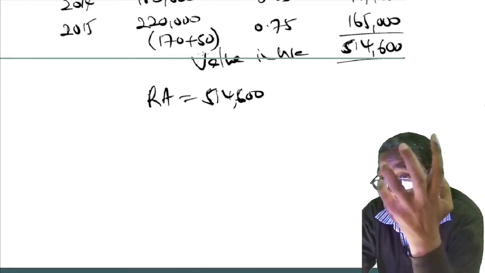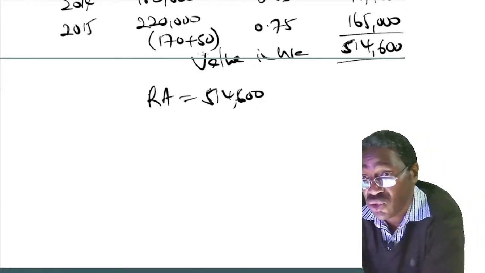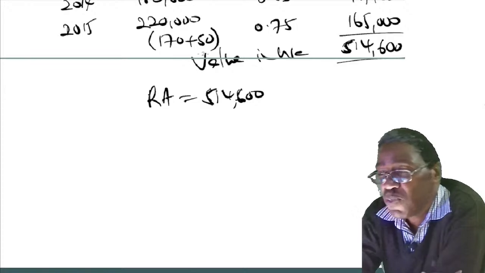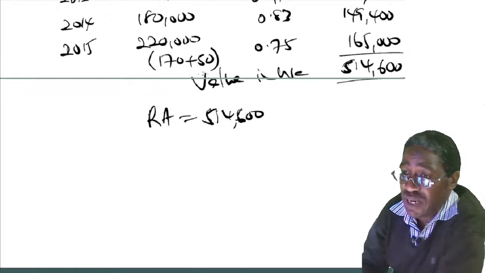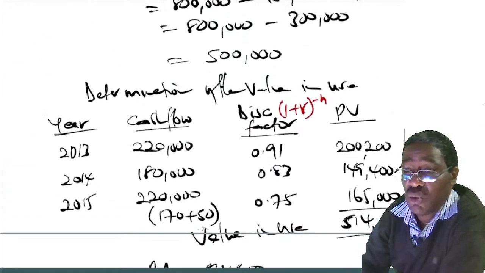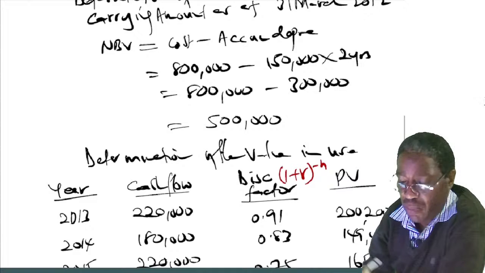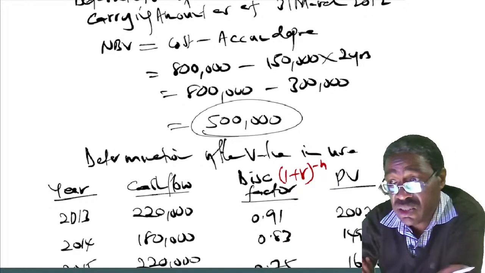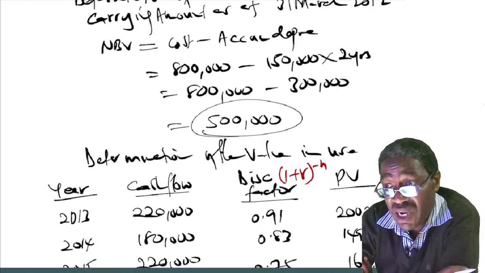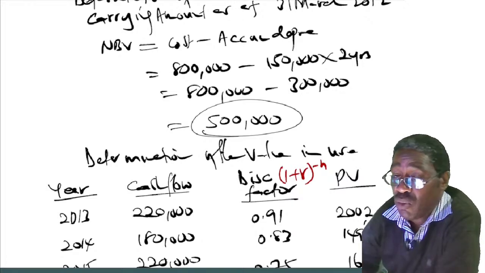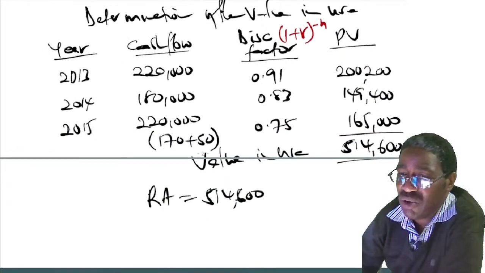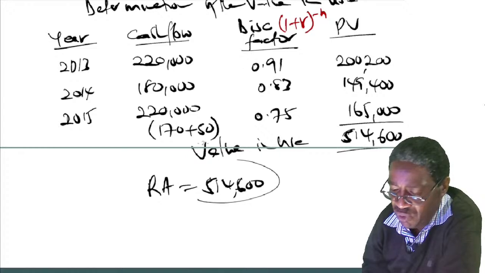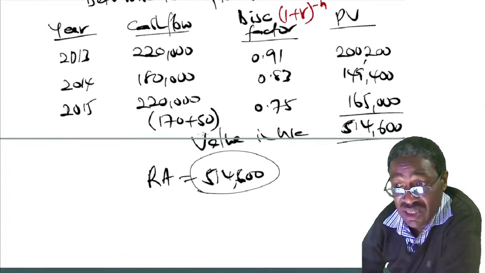So for this question, now we want to compare those two. Let me remind you, we computed the carrying amount up here, and we got this 500,000. That's what we got as the carrying amount. Now we have computed the recoverable amount, 514,600.